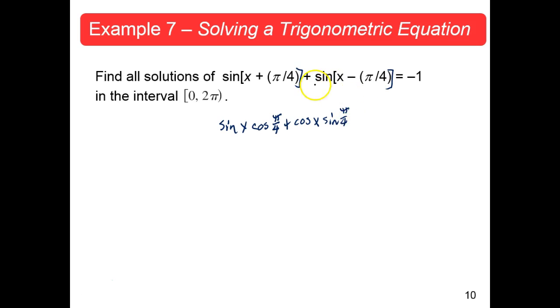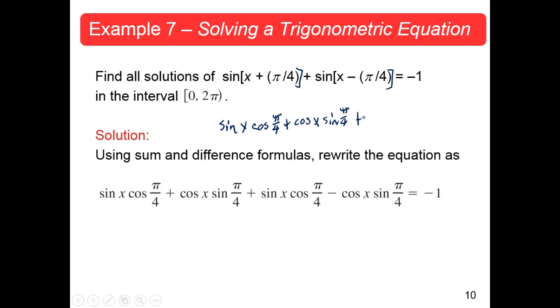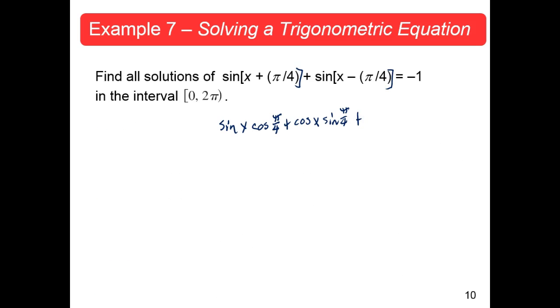Okay, that's the first part. Okay, plus, now the second part. Sine x cosine pi fourths minus cosine x sine of pi fourths. Who didn't plan ahead very well here? And that's equal to -1.